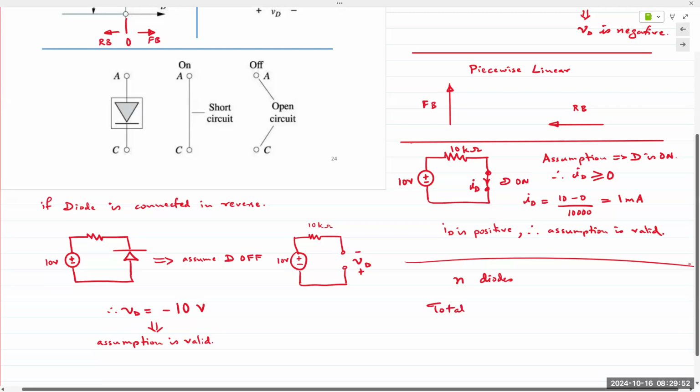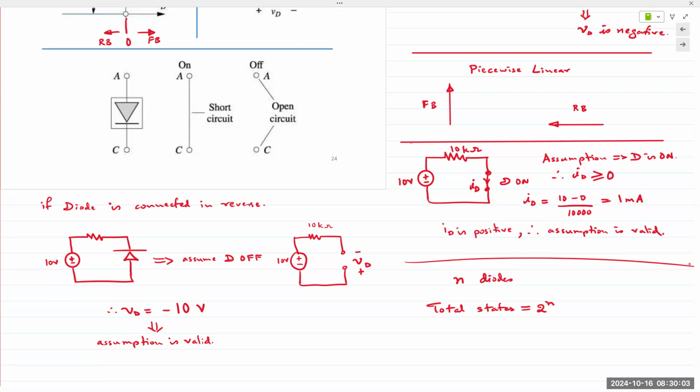So total possible states is equal to 2 raised to n. So one diode, you can make one assumption incorrect, and you can redo it one more time, so just twice. But if it's two diodes, you now have four possible states, four possible assumptions to make, and then four separate analyses that you could try. 3 diodes, 8 analyses. 4 diodes, 16 analyses.